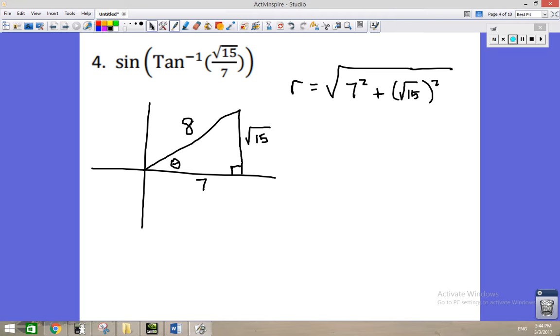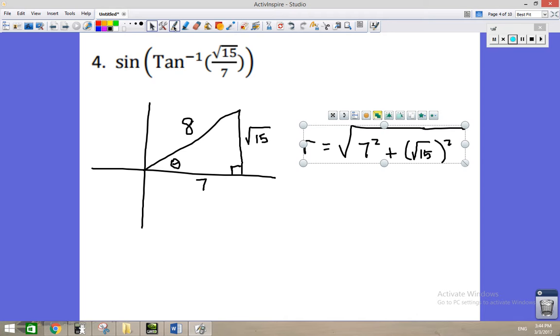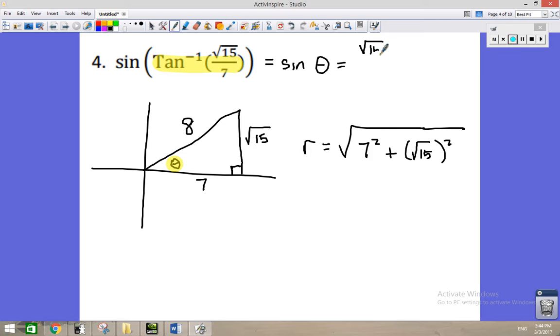Shrink that, move that out of my way. I'm letting this be theta. So this is the same as determining the sine of theta, and the sine of theta from our triangle is radical 15 divided by 8.